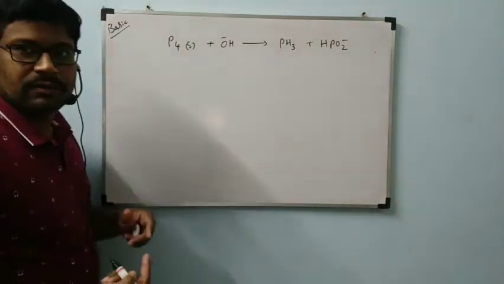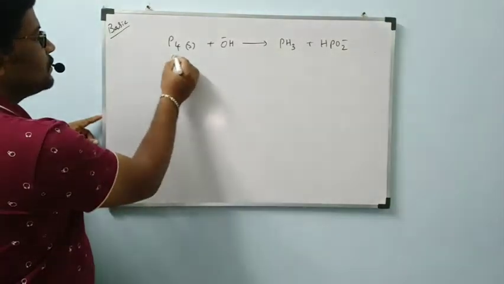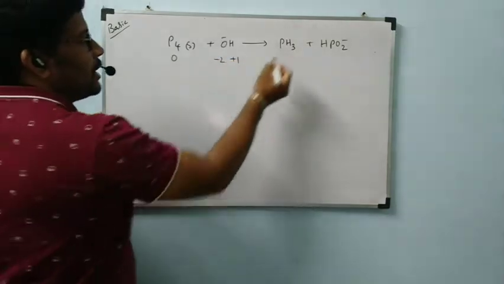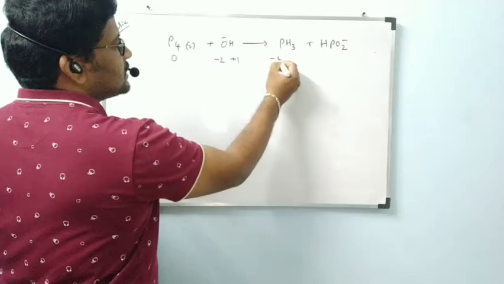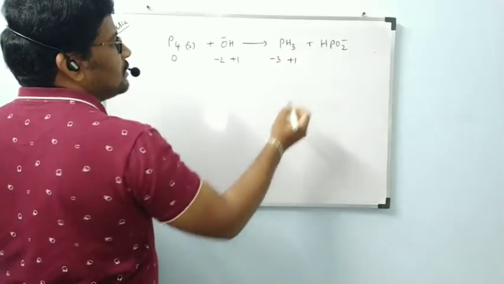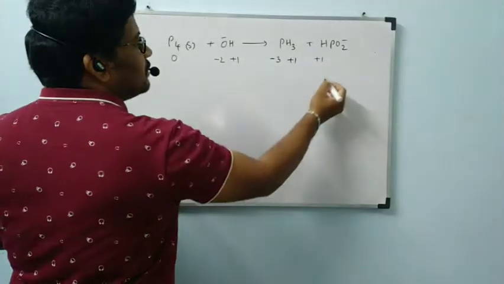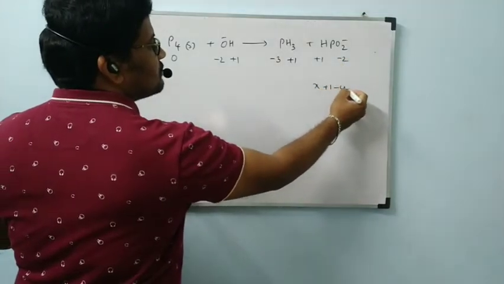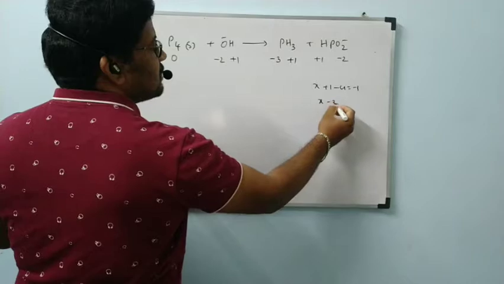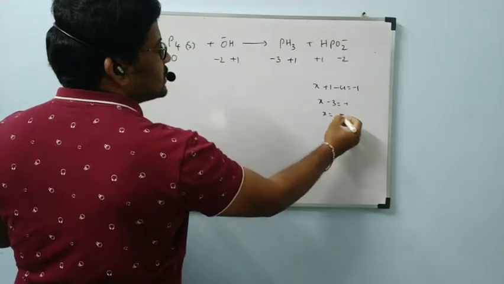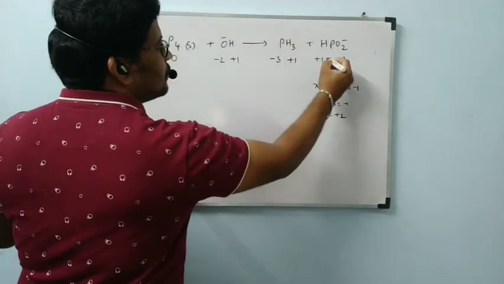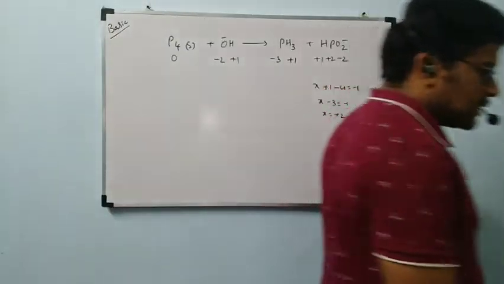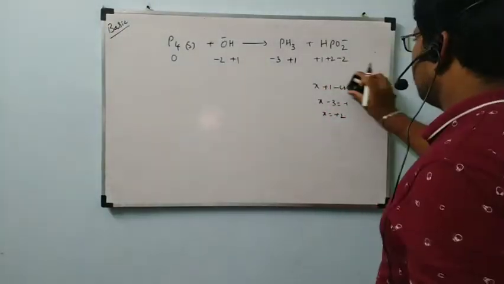First, we have to write the oxidation numbers: 0, oxygen minus 2, hydrogen plus 1. Here phosphorus minus 3, hydrogen plus 1, hydrogen plus 1, oxygen minus 2. x plus 1 minus 4 is equal to minus 1, x minus 3 is equal to minus 1, x is equal to plus 2, phosphorus plus 2. These are the oxidation numbers in the given equation.